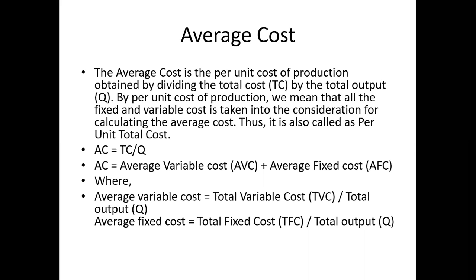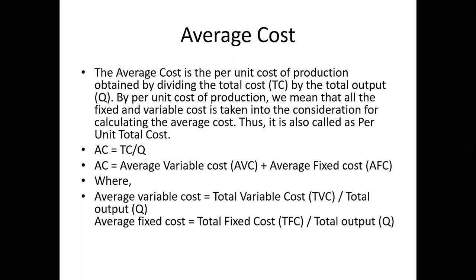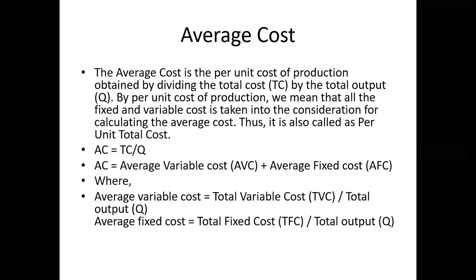Variable means which are not fixed. Suppose the electricity bill, you have to pay every month. So electricity bill is an example of variable cost. You have to purchase raw materials, and for each unit of production you need various amounts of raw materials. So you have to purchase raw materials when your production changes. So raw material cost is also included in variable cost.